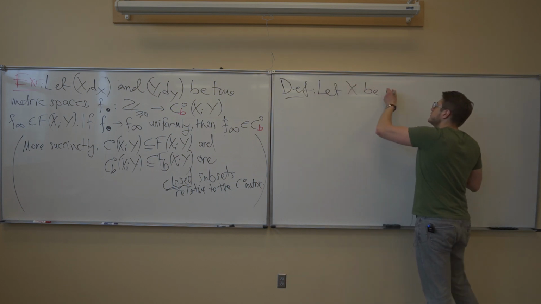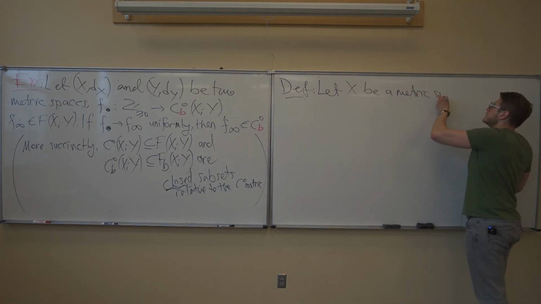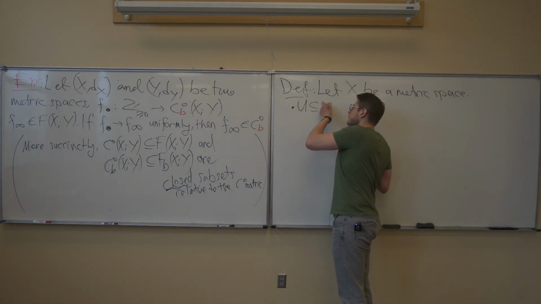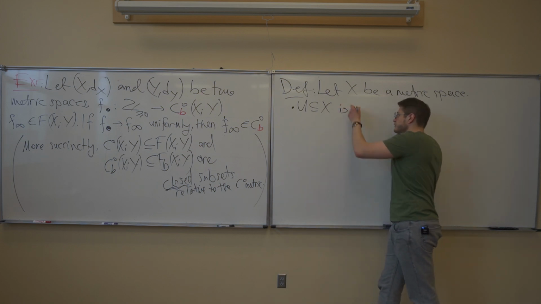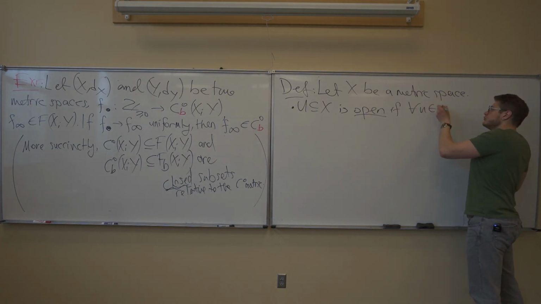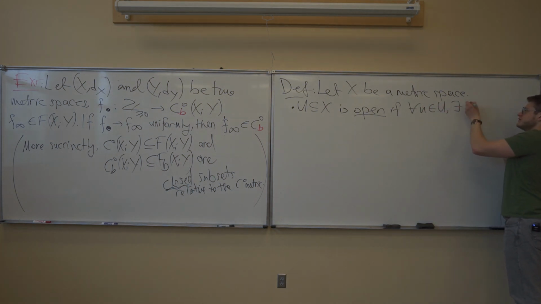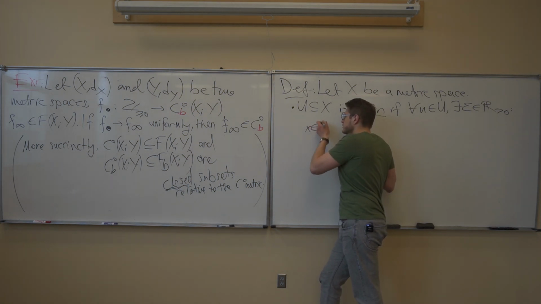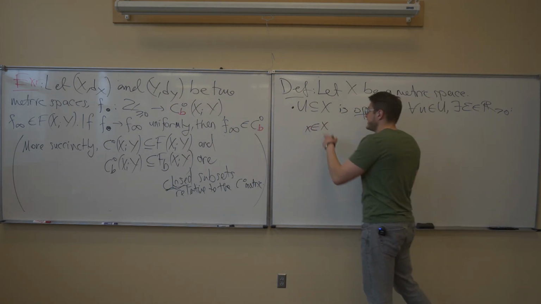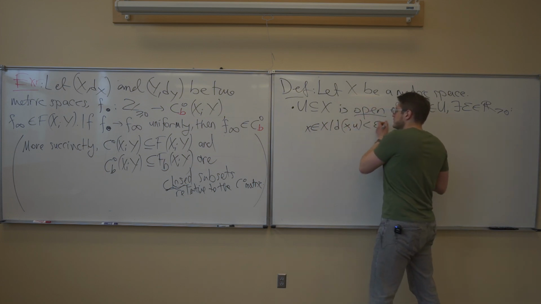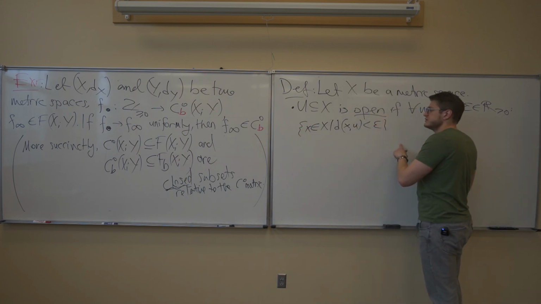Let X be a metric space. A subset U is open if for any u in U there is an epsilon positive such that the open ball centered at u of radius epsilon is inside U. And you're going to see this open ball notion in problem set 4 also.